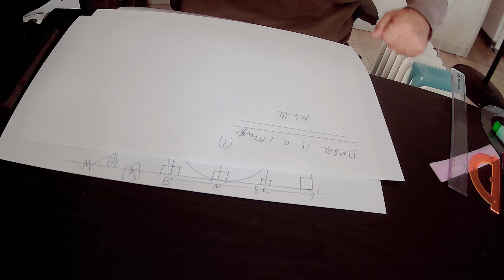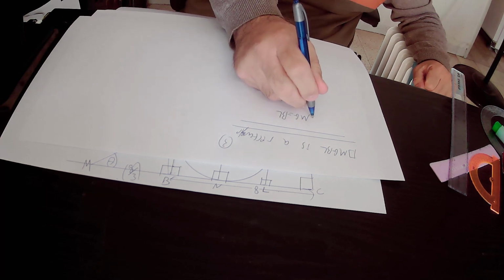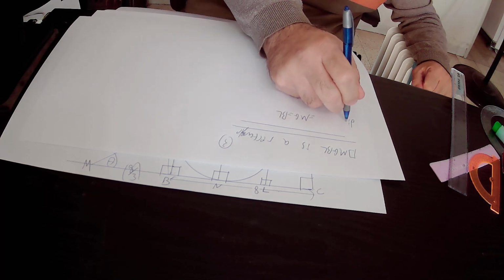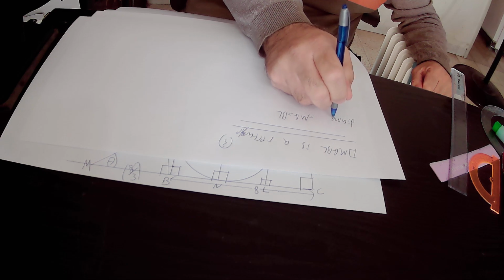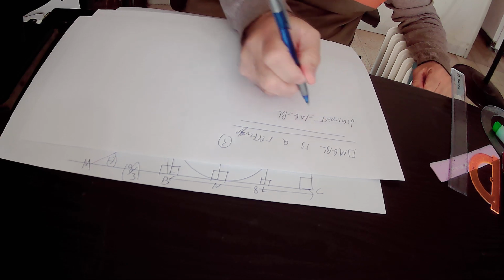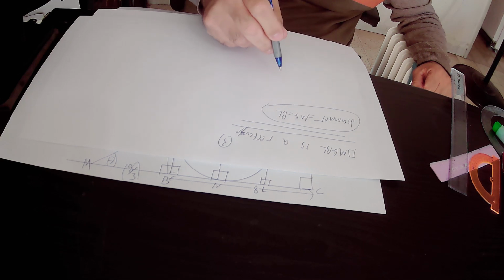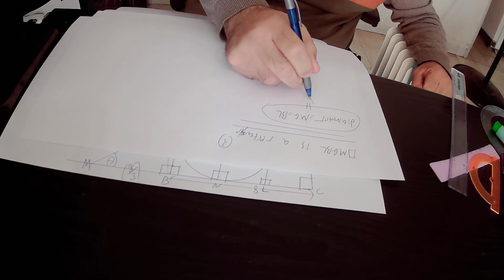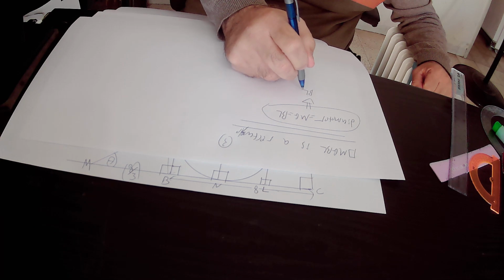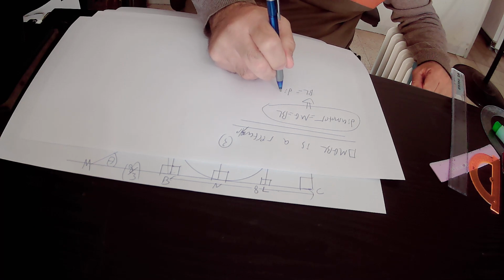But we have already found out that MG is the diameter of the circle. From this equation BL equals MG equals the diameter, we derive that BL is also the diameter of the circle.